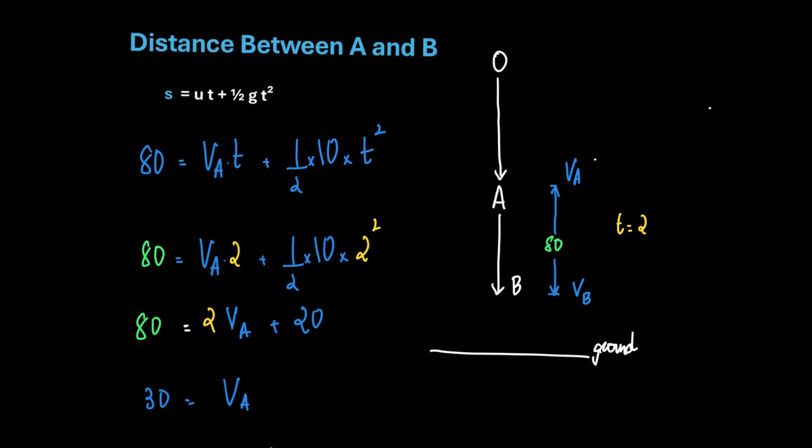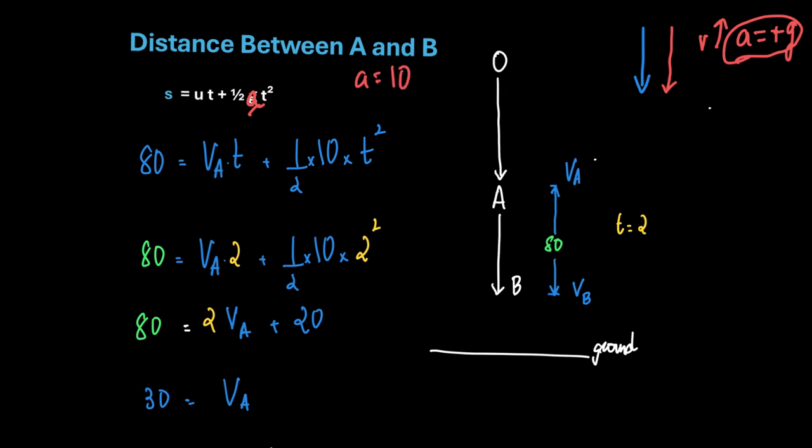Since the initial direction of motion is downwards, and acceleration is also acting in the same direction, velocity increases. Therefore acceleration is positive, equal to plus g, which is plus 10. What is u?